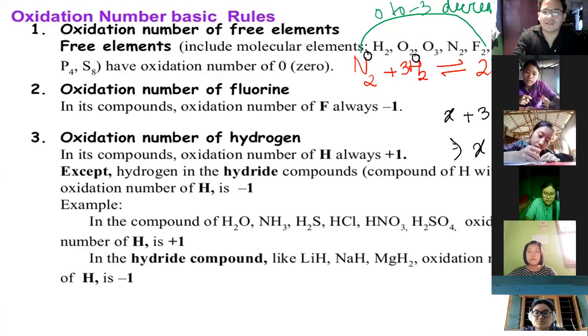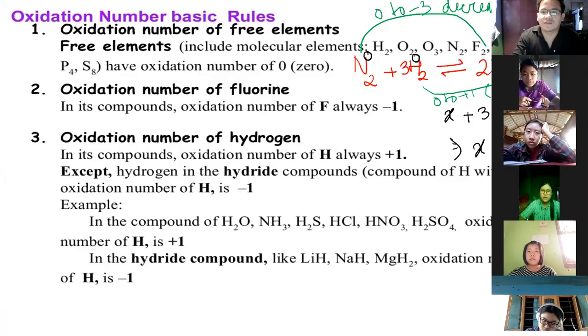Decrease in the oxidation number will be, is it reduction or oxidation? It will be reduction. Okay, and the species which undergoes increase, 0 to +1 is increase, so this must be oxidation.